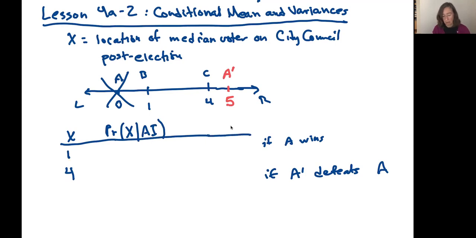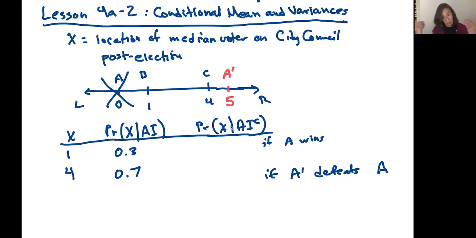And to make some numbers that seem reasonable: if there's anti-incumbent sentiment, that's bad for A's re-election. So let's say there's a 0.3 probability that A is re-elected in that situation, and therefore a 0.7 probability that A fails. And then there's the other world, where we look at the probabilities of X given that there's no anti-incumbent sentiment, just normal politics, maybe not a whole lot of salience to city council elections, and maybe name recognition helps the incumbents.